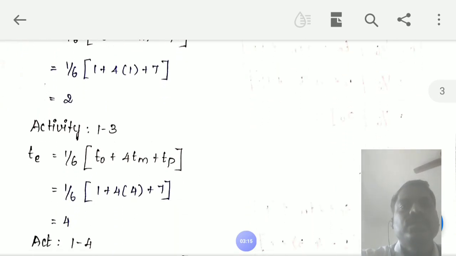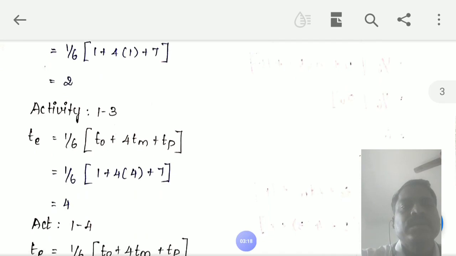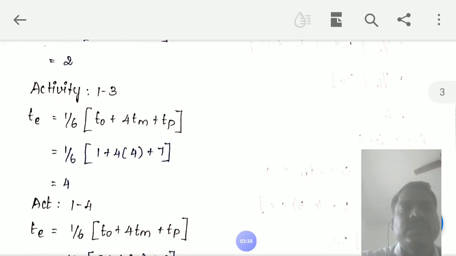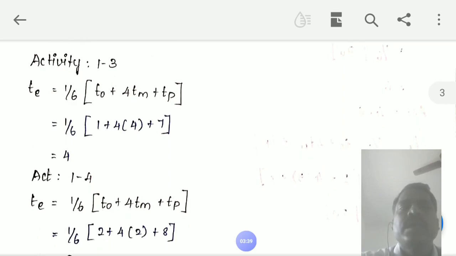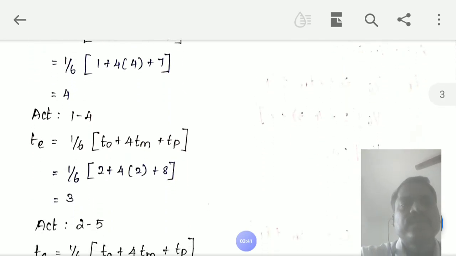Next, the activity 1 to 3. The optimistic time of activity 1 to 3 is 1, the most likely time is 4, and the pessimistic time is 7. Therefore, 1 by 6 into 1 plus 16 plus 7, therefore 4. Next, activity 1 to 4.